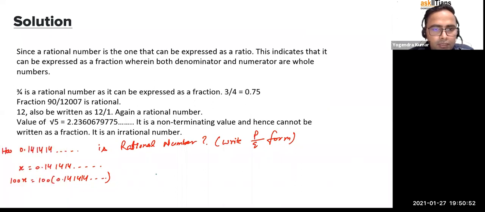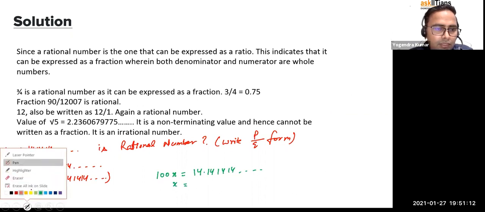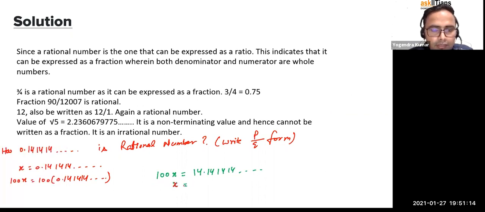Two digits will come to this side, because when multiplying by 100 that is the change. 100x is 14.141414. Now I write the above number x down here as it is. x was 0.141414 and so on.